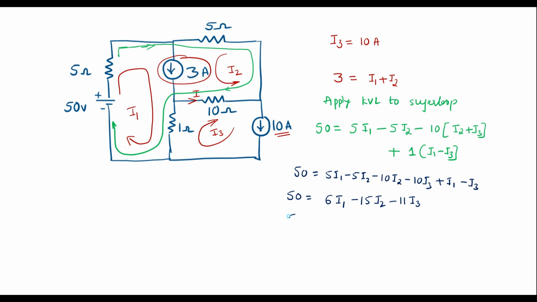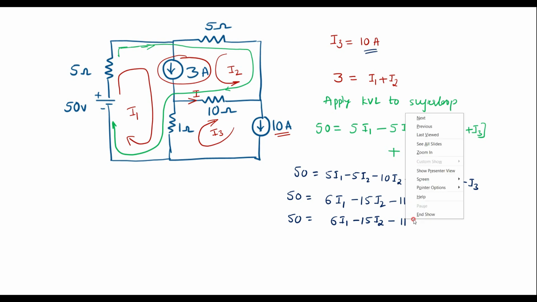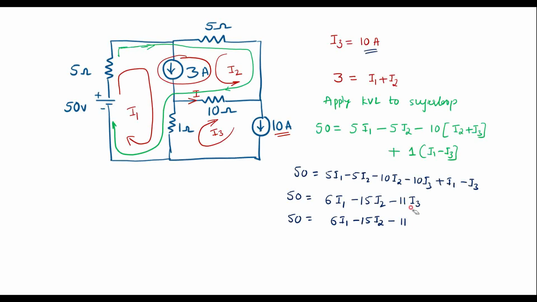So 50 is equal to 6 I1 minus 15 I2 minus 11 I3. I3 is nothing but 10, so 11 into 10 gives 110. I will take it on the left hand side. It becomes 160 is equal to 6 I1 minus 15 I2. Let me call it equation 1, and I1 plus I2 equals 3 as equation 2.